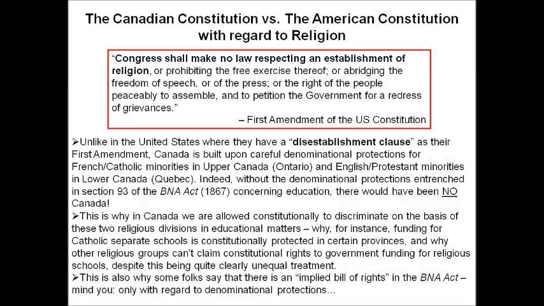treatment, right? There's been some court cases about this, where people have said, well, why should only Catholics get constitutional rights to funding? Why not other groups? There's a famous one that went to the United Nations, and the United Nations said, yeah, this is totally unfair. You guys in Canada, you've got it all wrong.